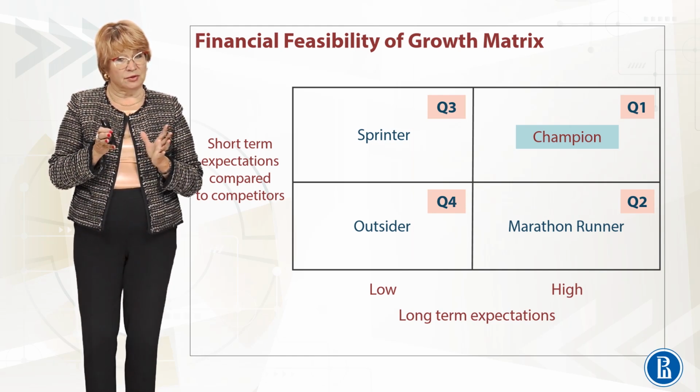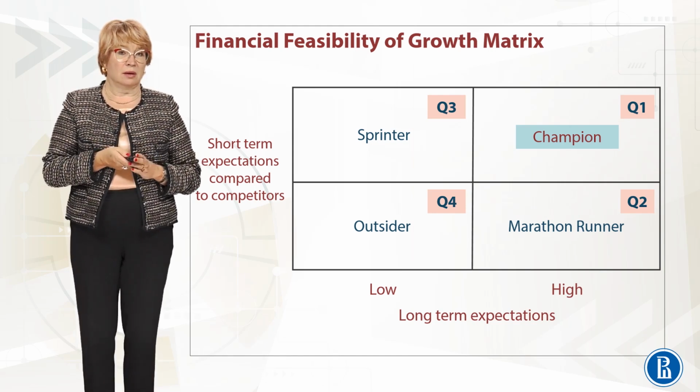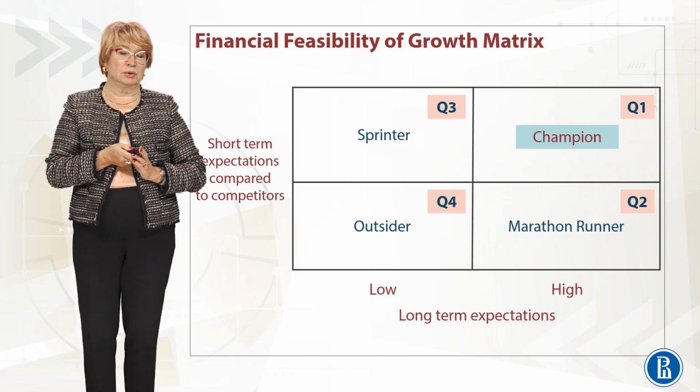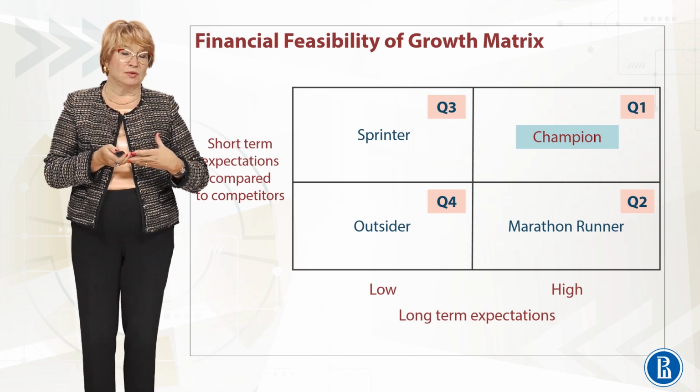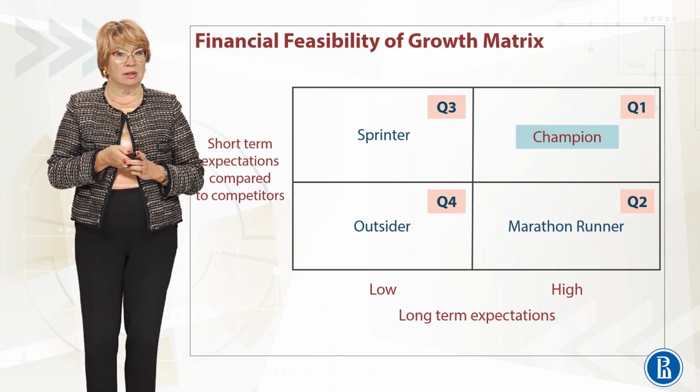That's why that matrix represents an additional approach for benchmarking across the firms that we need to understand before setting our own plans, how we're going to create the value of the company.